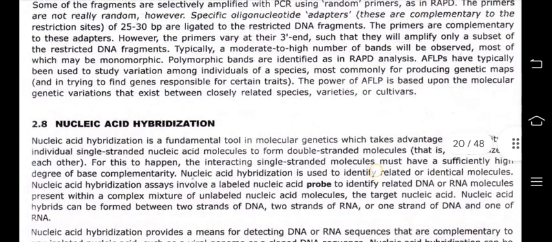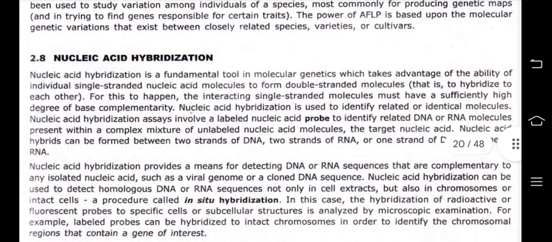Nucleic acid hybridization. Nucleic acid hybridization is a fundamental tool in molecular genetics which takes advantage of the ability of individual single-stranded nucleic acid molecules to form double-stranded molecules, that is, to hybridize to each other. For this to happen, the interacting single-stranded molecules must have a sufficiently high degree of base complementarity.